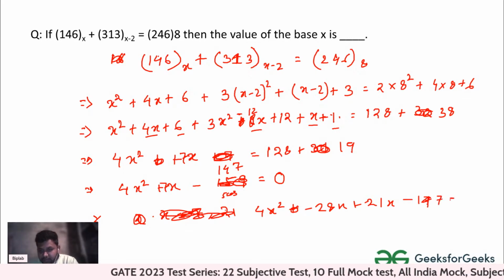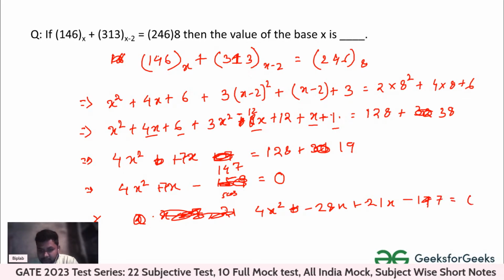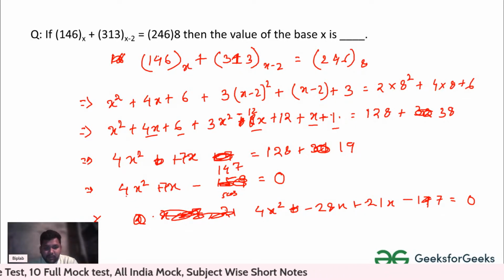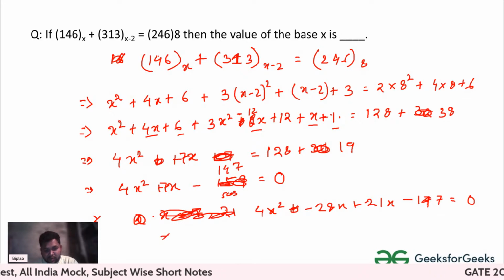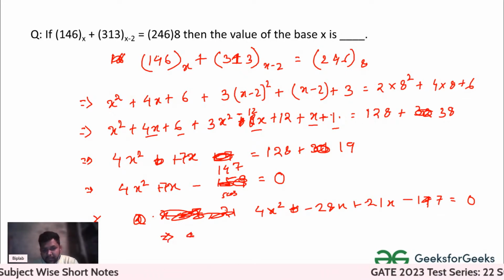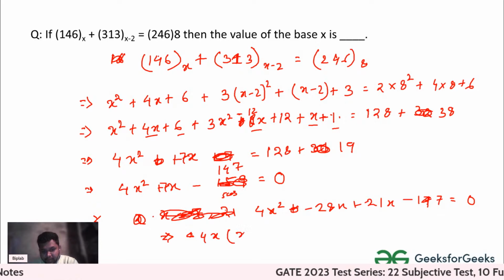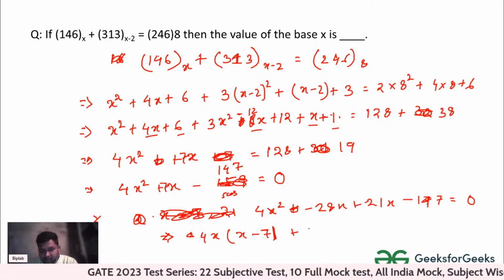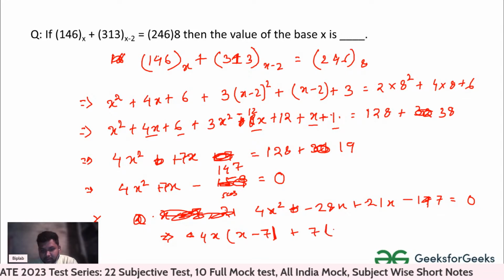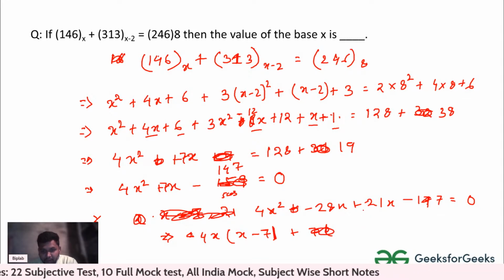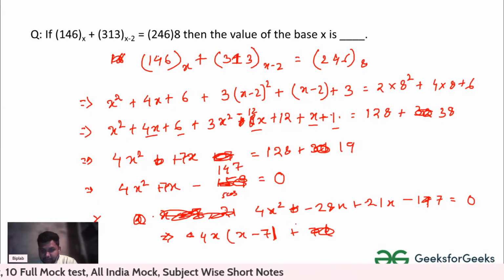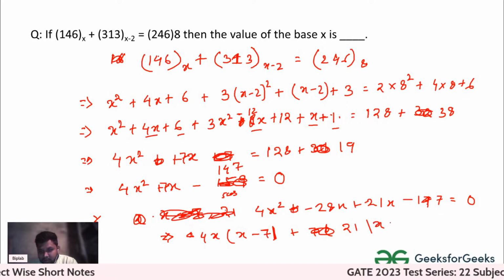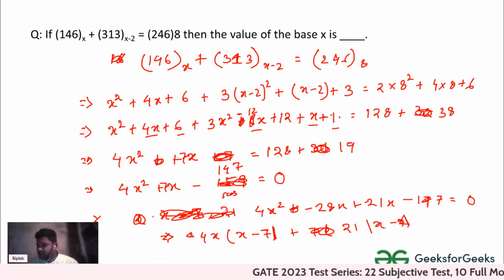Sorry, 21, because we are dividing it by 7 and multiplying it here, so 28. Yes, so you have 4x into (x minus 7) plus 21 into (x minus 7). What's happening?